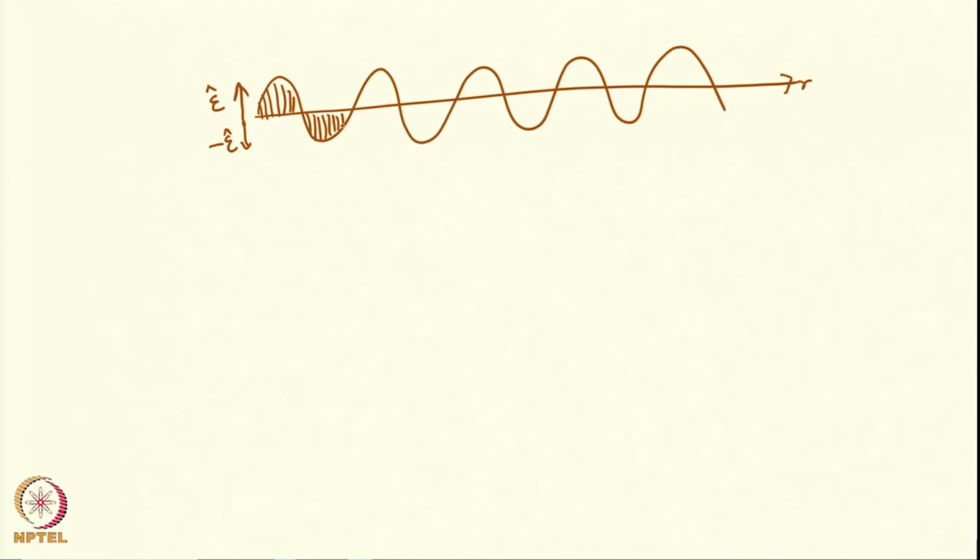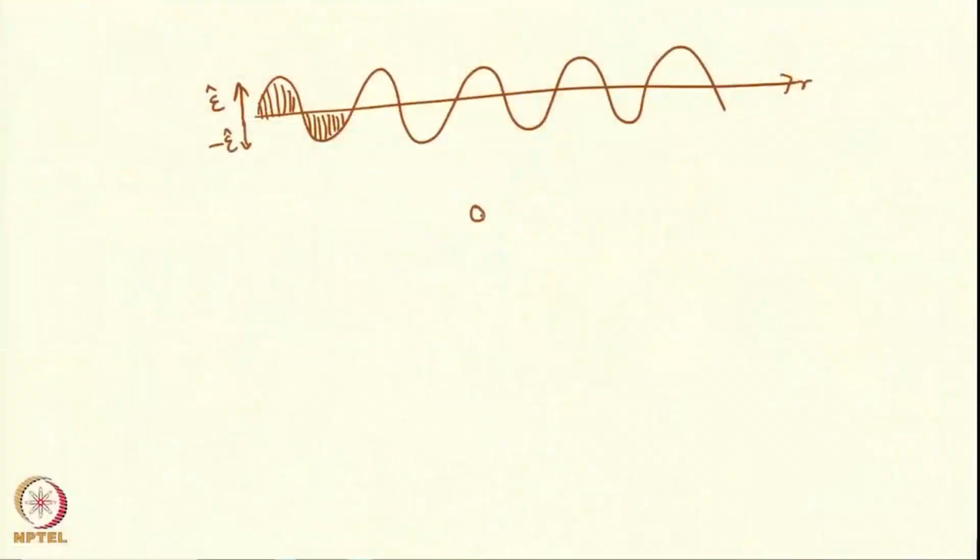Now if you take a diatomic molecule, let us consider a single diatomic molecule AB. Since the diatomic molecule is linear, the dipole moment mu is in this direction. If you consider A as positive and B as negative, the negative direction is that.